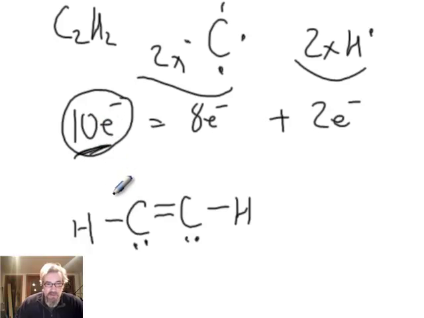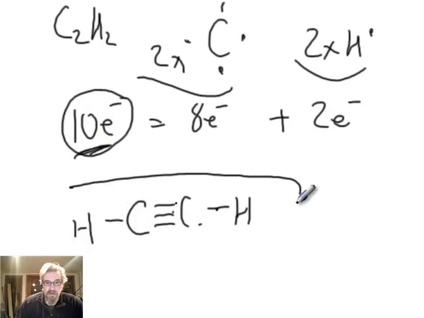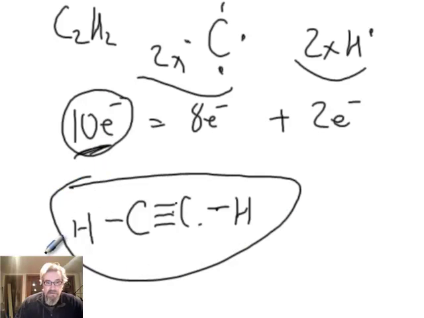Still too many because I'm supposed to have 10. So I do it again. And then I put a third bond in between the 2 carbons. So you can do more than a double bond here. You just keep going until it works out. Okay, now I'll make my count. 2, 4, 6, 8, 10. Well, that's the correct count, and so that's the structure of acetylene.